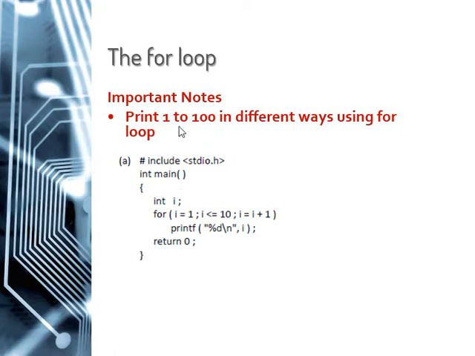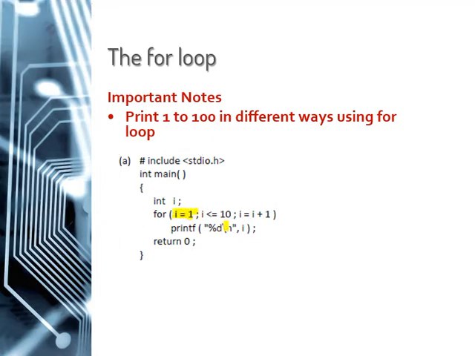So, there are different ways in printing 1 to 100. This is the first way. So, kani siya ang pinaka-basic nga pamaagi, very straightforward. So, kani siya, nag-initialize ta og value ni I, which is 1.